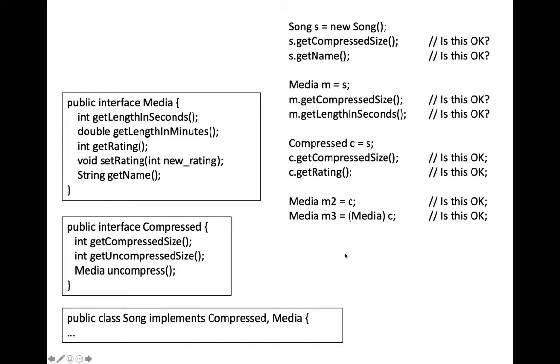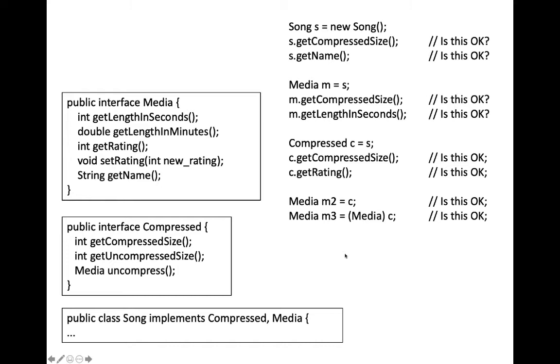Right, so I can take that exact same song object and now refer to it through a compressed reference C, right? And I think you guys get it. If I ask for getCompressedSize, yes, that's going to be okay, because getCompressedSize is part of the compressed interface.